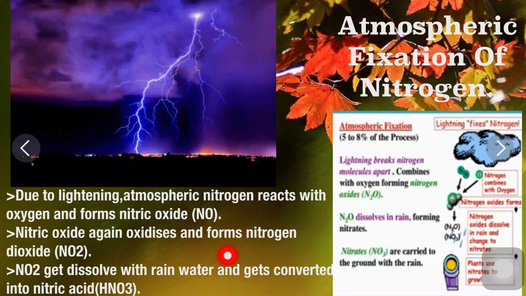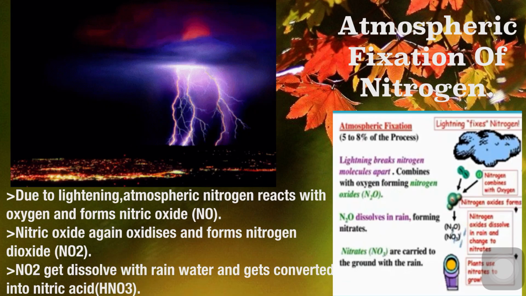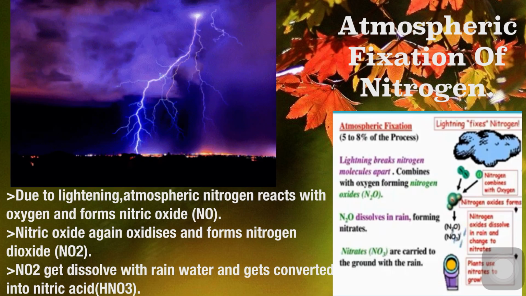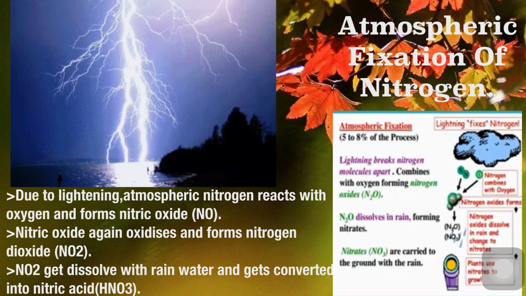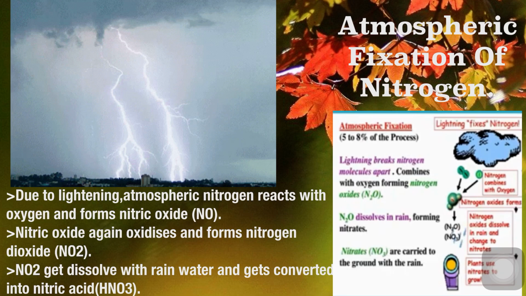The nitrogen dioxide dissolves in rainwater and is converted into nitric acid, that is HNO3, which gets added to the soil along with the rainwater. This acid reacts with different minerals in the soil and converts them into salts. Plants use this nitrogen salt for their growth.